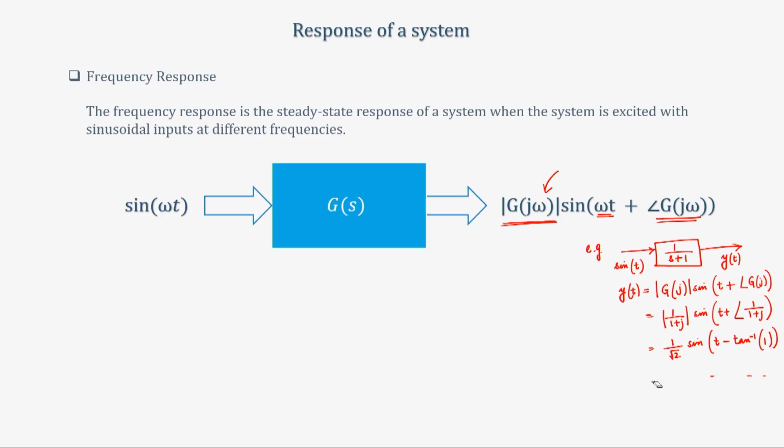So, your final output would be 1 by root 2 sine of t minus pi by 4. Okay, or if you want to write it in degrees, t minus 45 degrees. So, this will be the output of the system. See, in an LTI system it is nice, right? I mean the frequency is not changing. Okay.